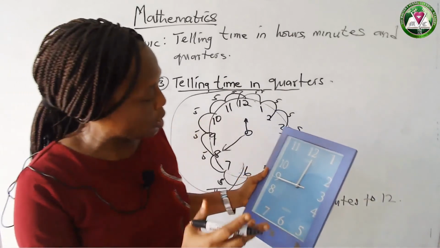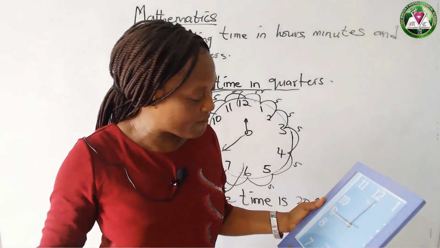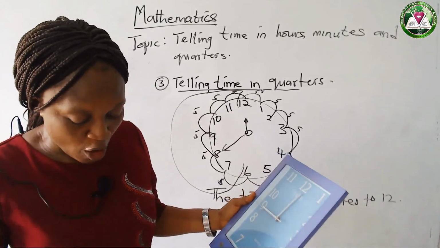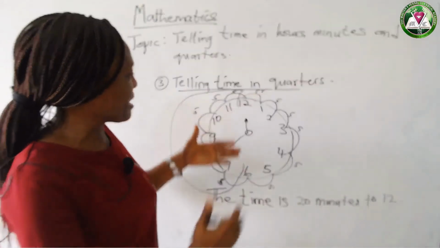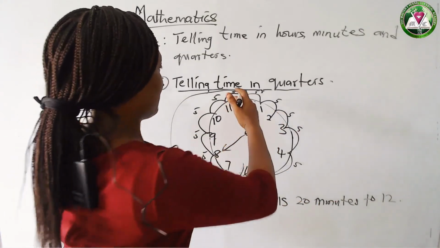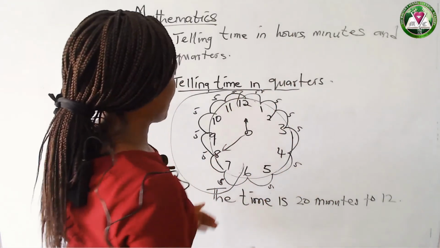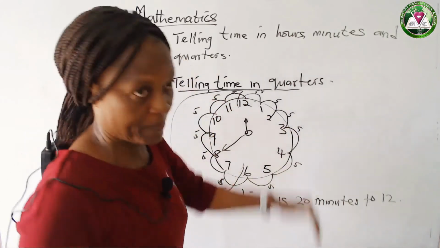We use the long hand to show the minutes, and we use the short hand to show the hour. I also said that the clock is divided into two parts. From 12 to 6 is past, then from 6 to 12 is to the time.